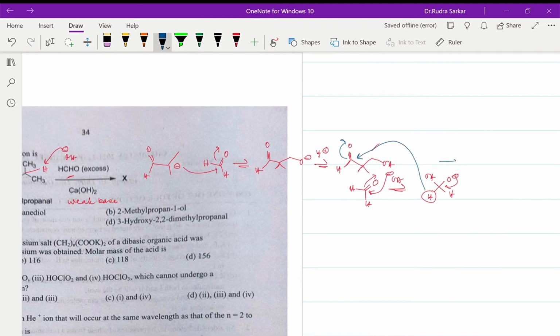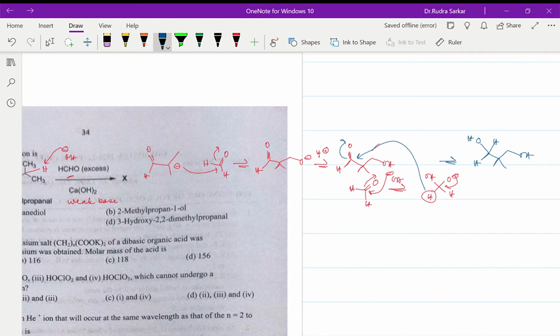So ultimately what you are going to get over here is OH, H, H, 2 methyl groups, OH, proton exchange means this will now become OH.